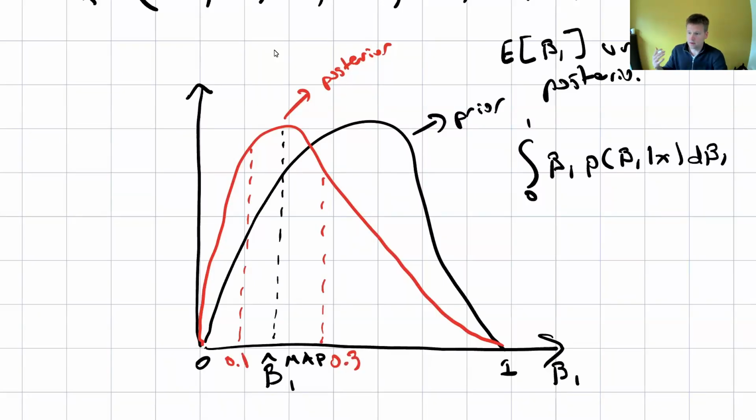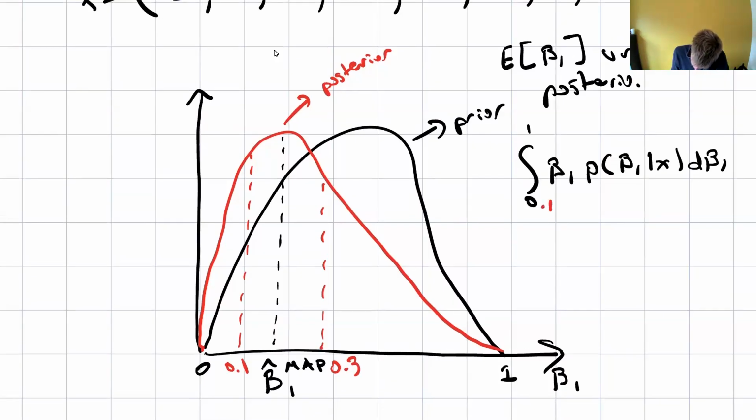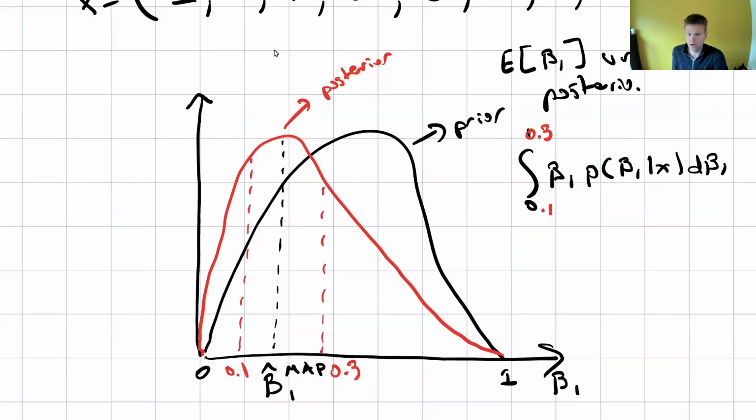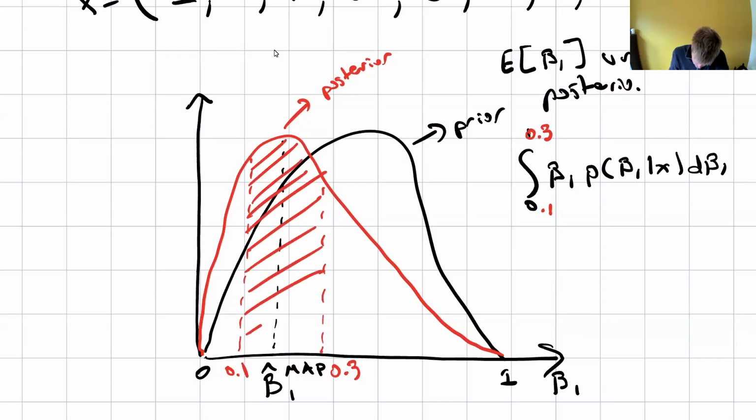You could say, what's the probability that beta 1 falls between 0.1 and 0.3? And you would basically take the integral and you could integrate from 0.1 to 0.3. Okay, so that would define this area.